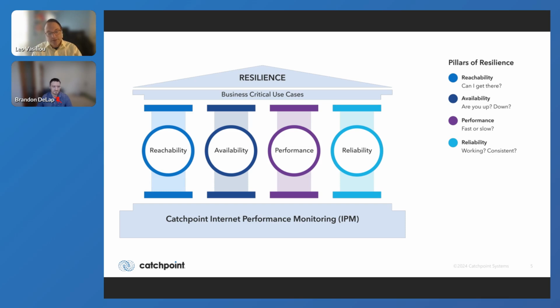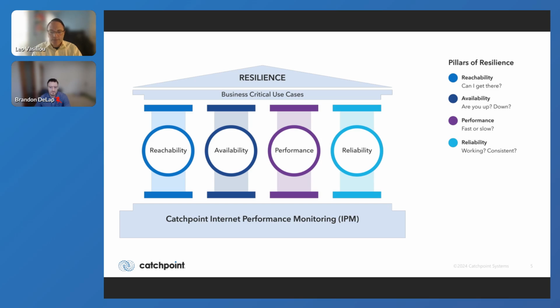Is it fast or is it slow? Users expect them to be fast, and if they are not, you might as well be down. And that is the essence of the phrase, slow is the new down, right? That spinning hourglass. So availability, performance.